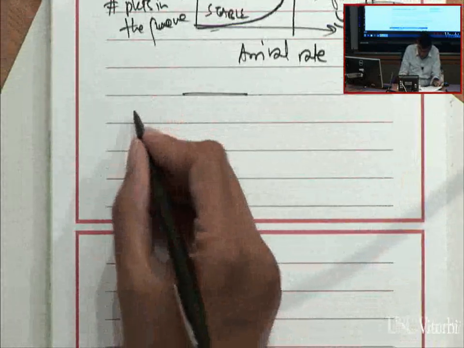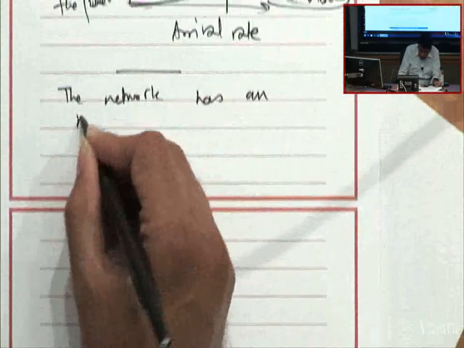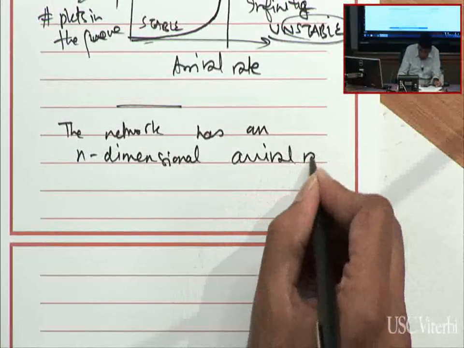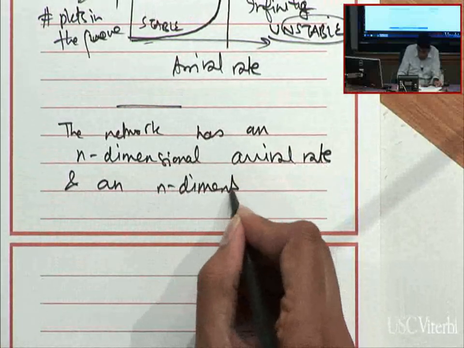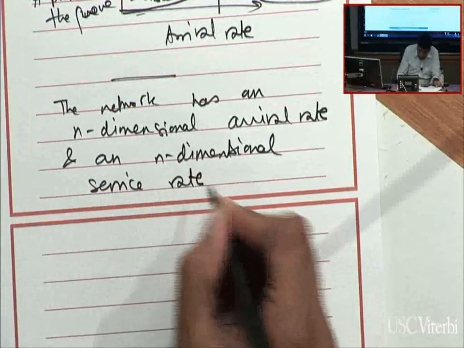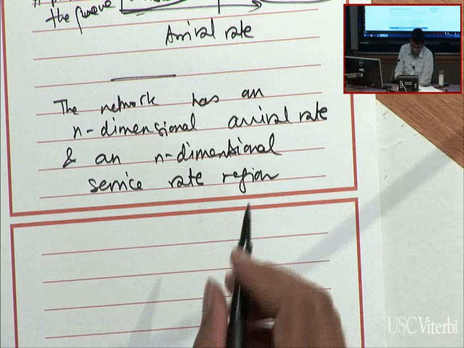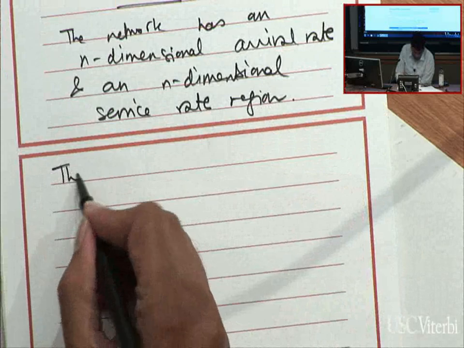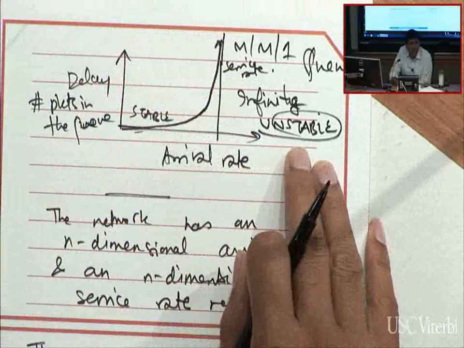So the network has an n-dimensional arrival rate and an n-dimensional service rate region. Okay. And so the question is, just like here, everything inside that region is stable, everything outside that region is unstable.